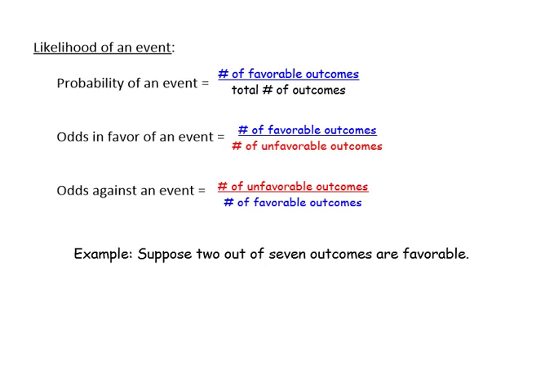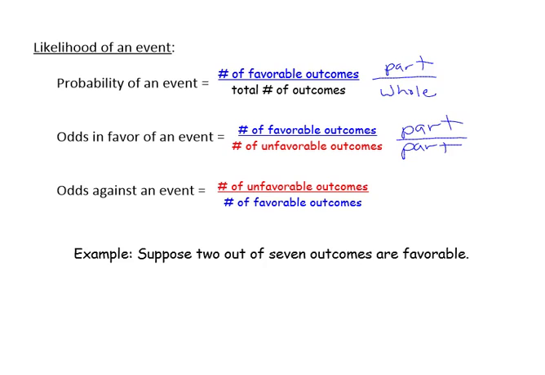The last thing we want to talk about is odds. We've talked about the probability of an event. That's the number of favorable out of the total number of outcomes. This is a part to whole relationship. But when we talk about odds, we're talking about the number of favorable outcomes to the number of unfavorable outcomes. This is a part to part relationship.